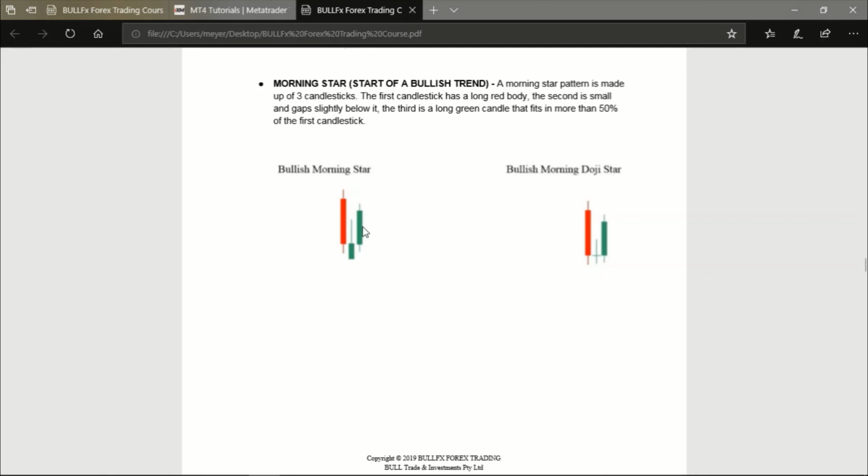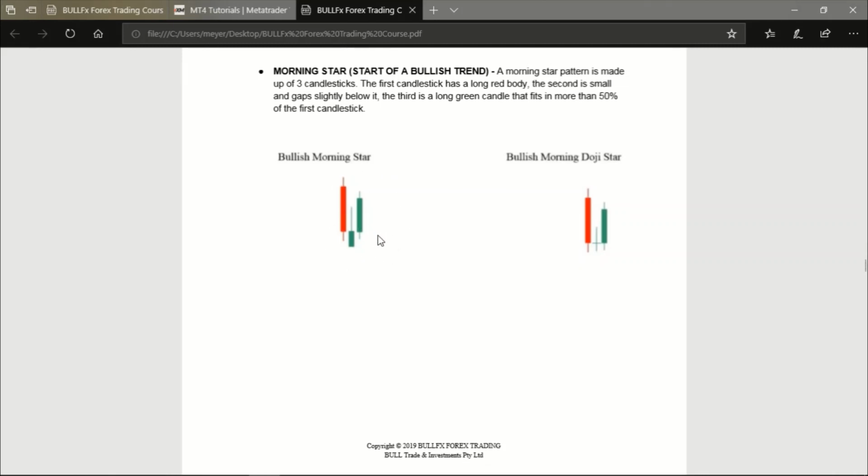This green candlestick over here is bigger than 50% of this red candlestick. So this forms a bullish morning star pattern, and this shows us that the market is most likely to start moving upwards.